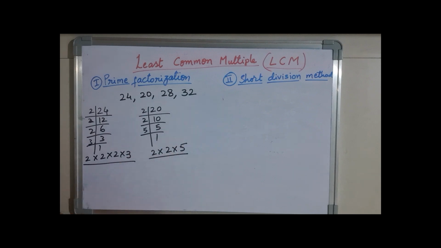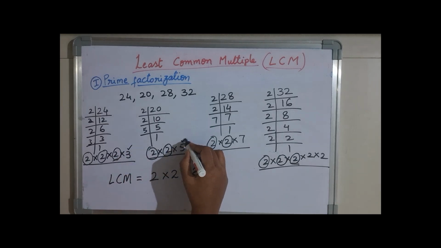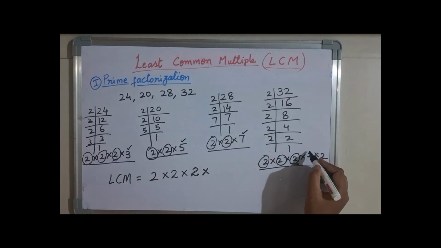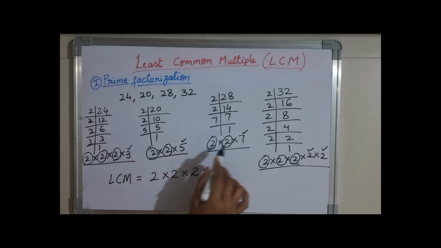Next, for the 2 which is common to these prime factorizations, we write only one 2 here, multiplied by. Now we can see the leftover numbers like 3, 5, 7, 2 and another 2. These numbers are not common anywhere, but we have to include them also here.